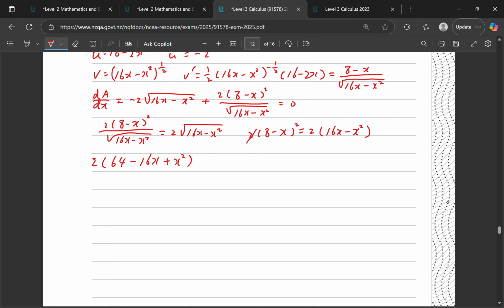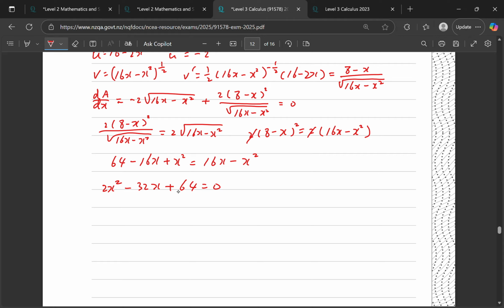Why don't I just simplify this? The right side is just 16x minus x squared. So simplify: 2x squared minus 32x plus 4 equals 0.